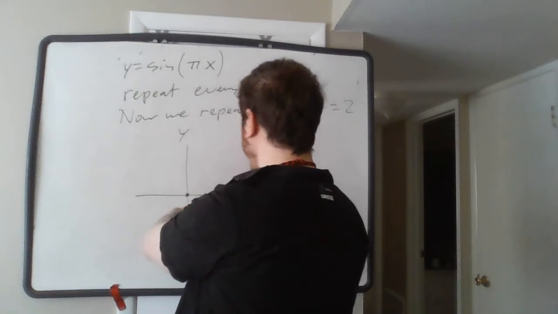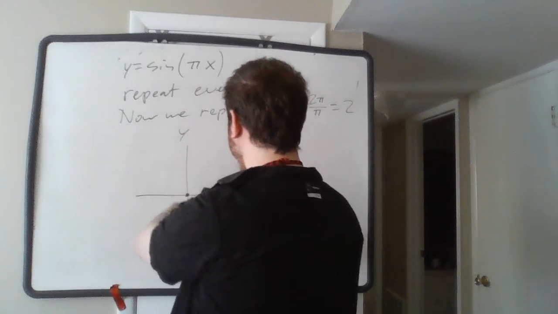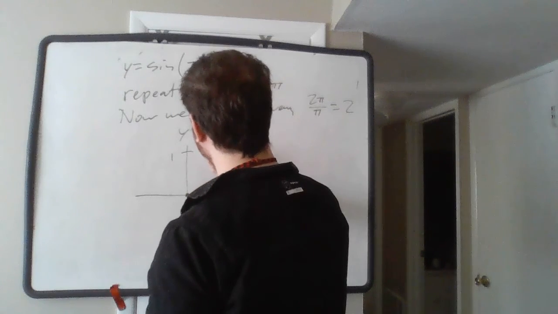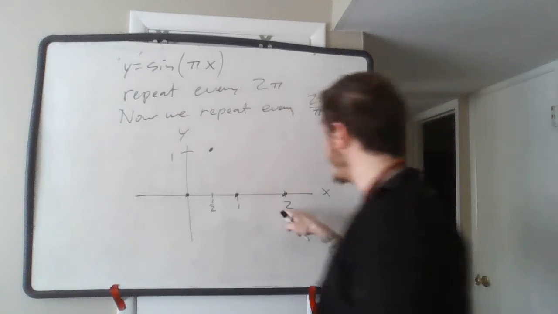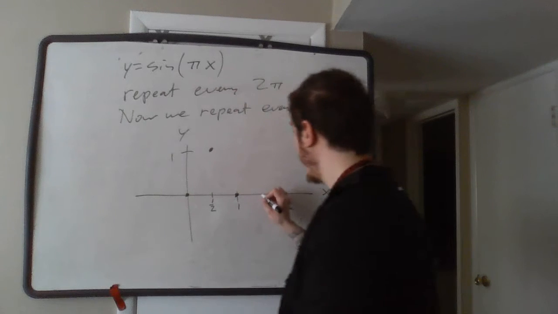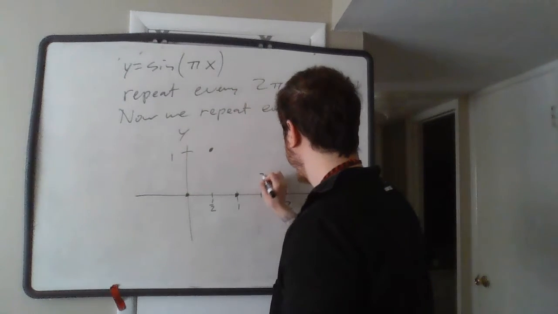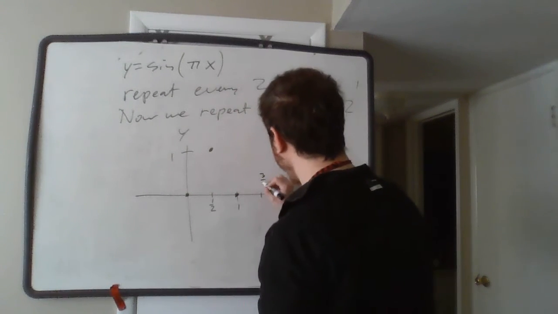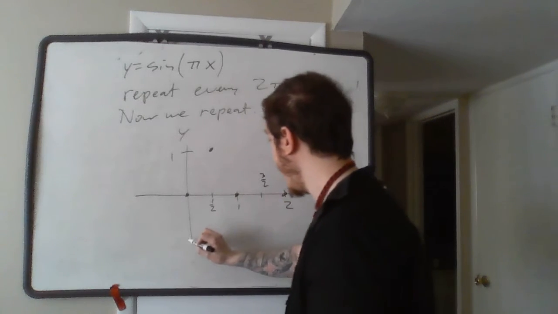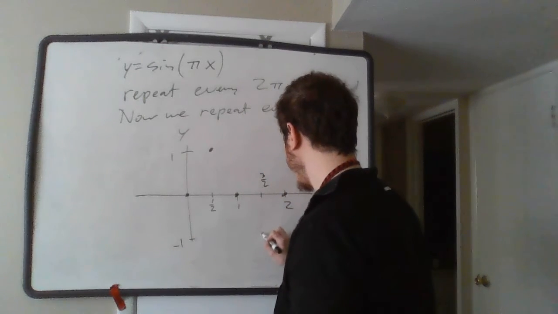A quarter of the way through here, I should get up to positive 1. Halfway between the second 2 points, which is going to be at 3 halves here, I should be at negative 1.